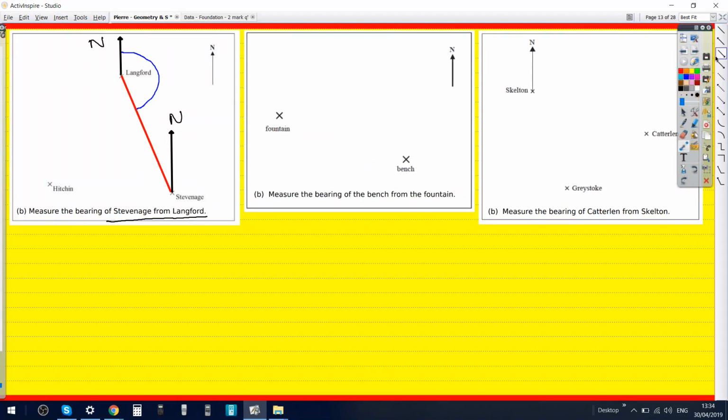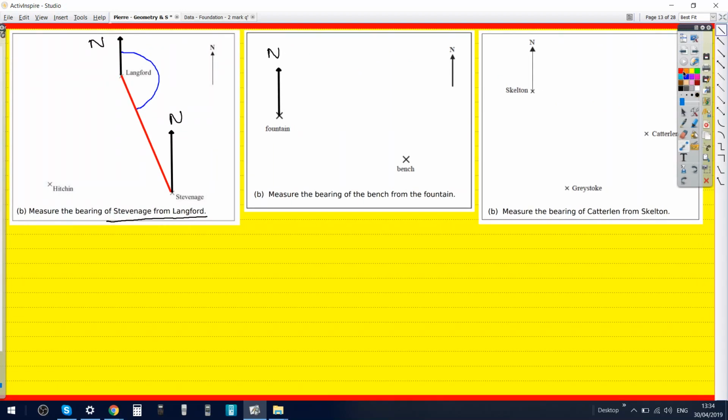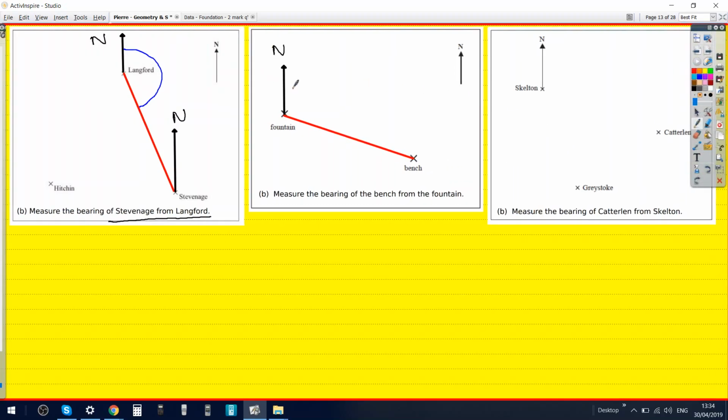Then with your protractor, from the point of 0 pointing up, you draw the line first between fountain and bench. Then you move it along. You measure along your protractor until it meets the line of the bench from the fountain. There we go, and it's that angle there.